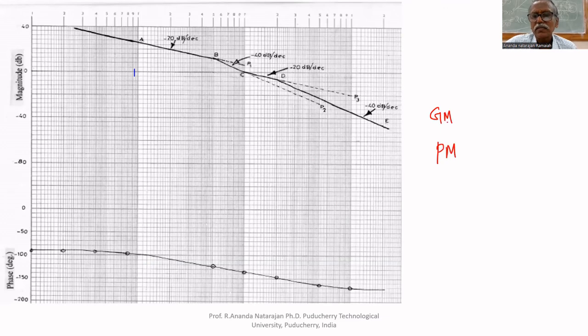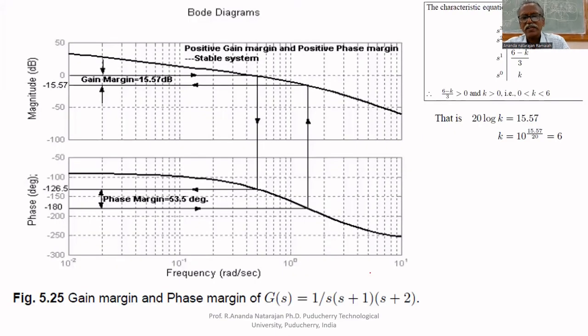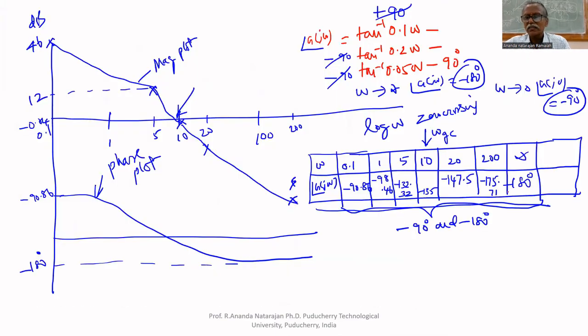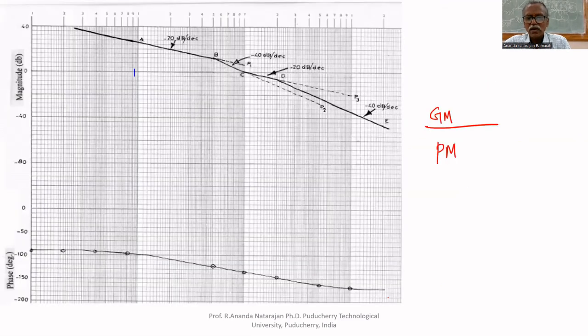To find the gain margin, where it crosses 180, we have to see. Where it crosses 180, at infinity only, because its maximum angle is 180. That's why it crosses minus 180 only at infinity.